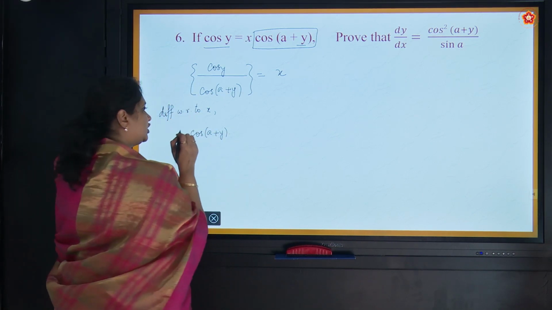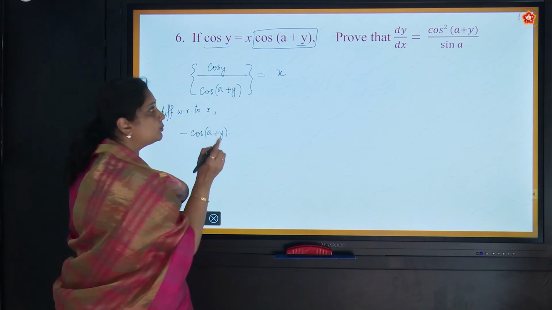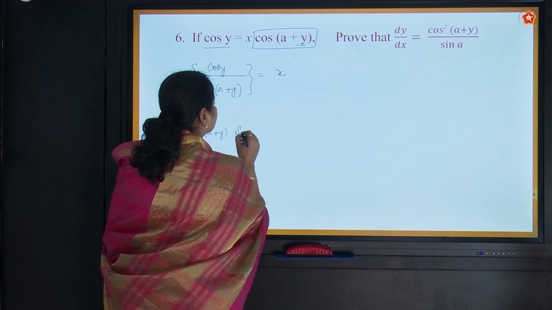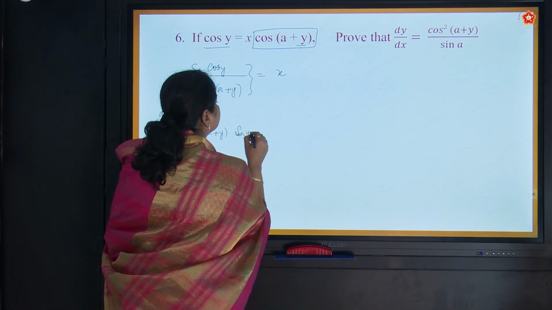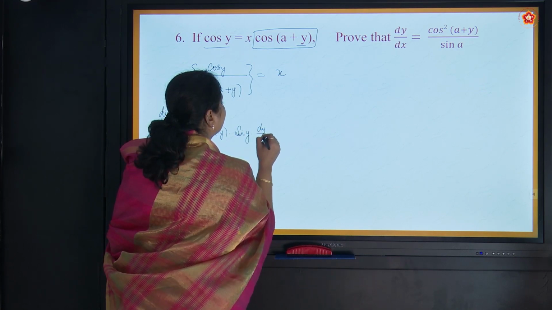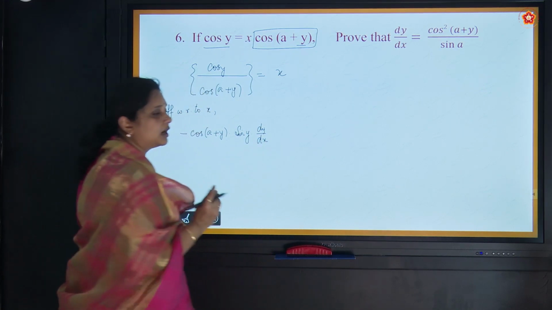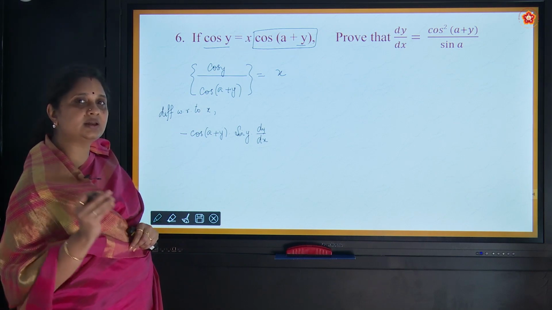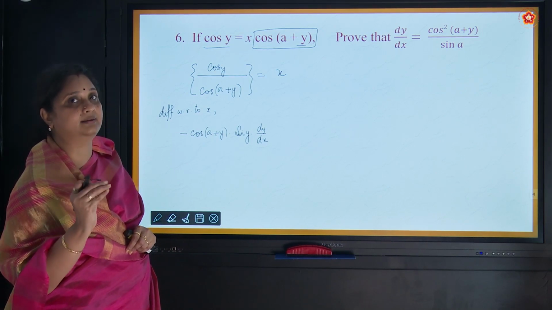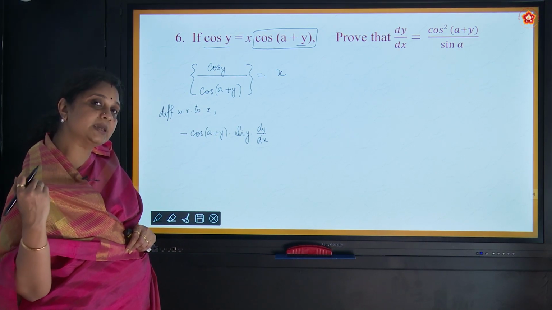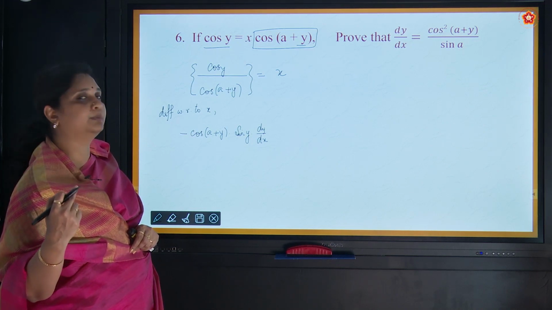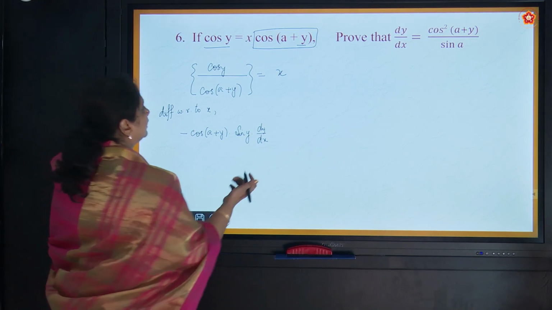Cos y on differentiation gives you minus sin y, and y on differentiation gives you dy by dx. The outermost function is a trigonometric function and the innermost function is y, and you're differentiating with respect to x, so you need to put a dy by dx here.